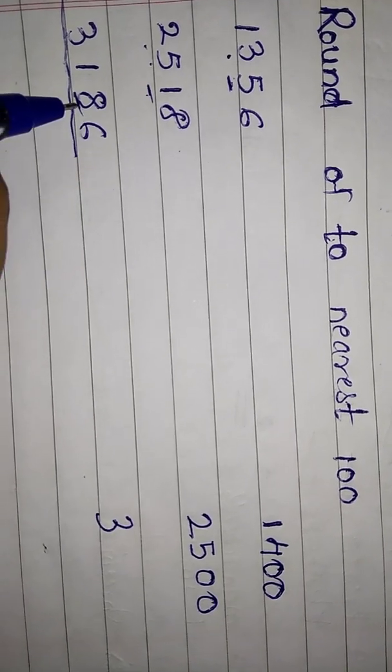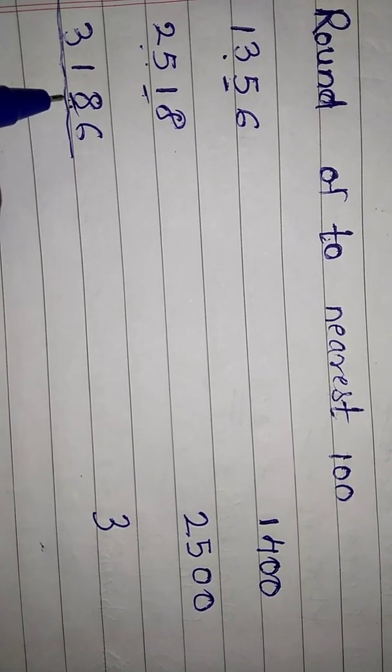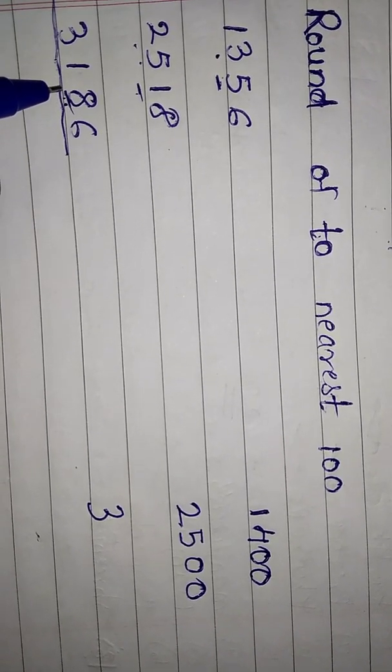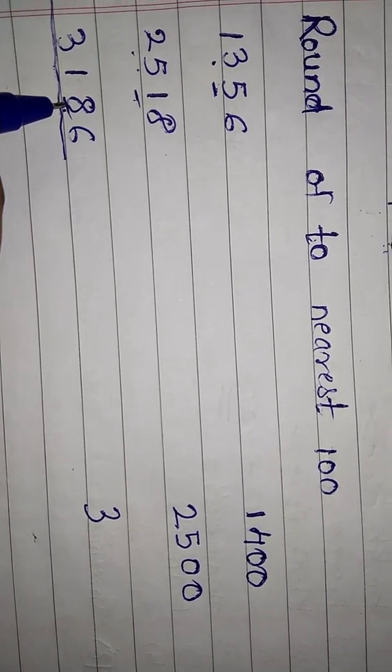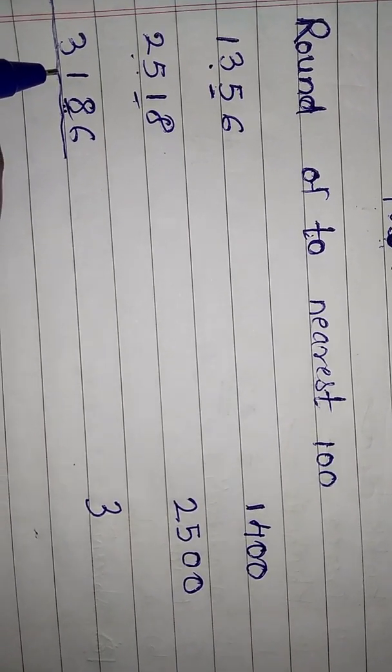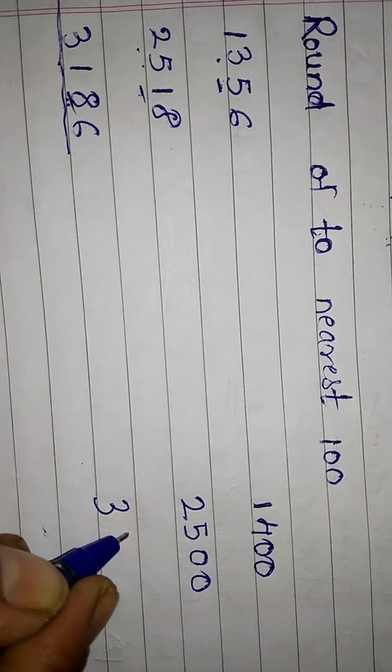Now here 8 is there, more than 5, then in the hundreds place we have to add 1, it will come 2, 200.